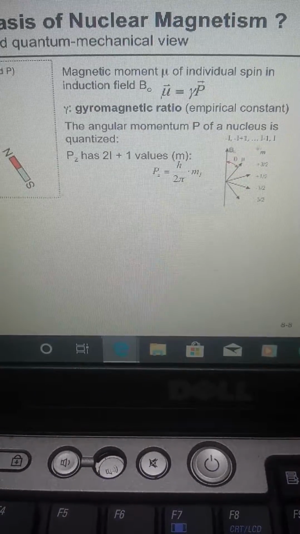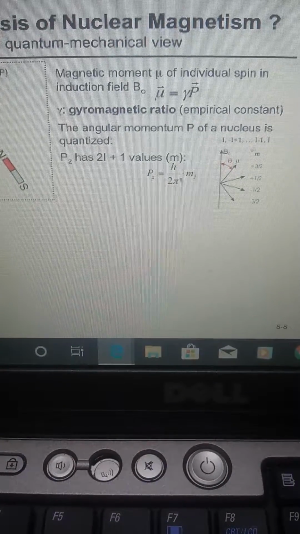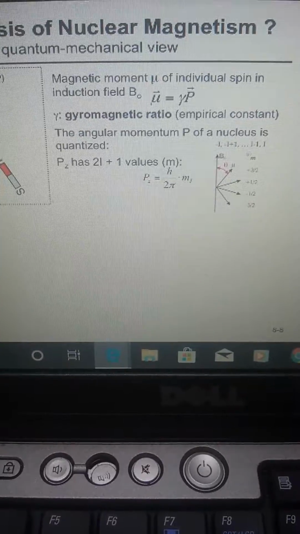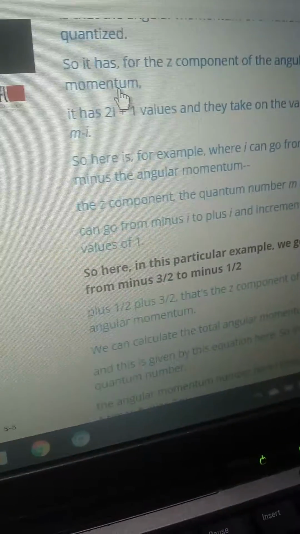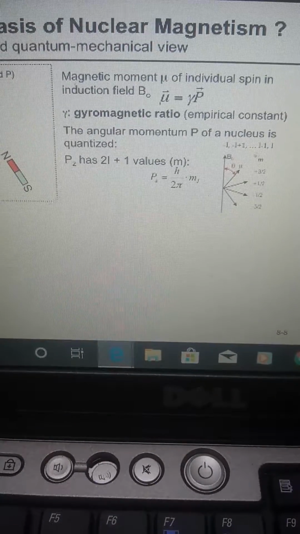The quantum number m can go from minus I to plus I in increments of 1. So in this particular example, we go from minus 3 halves to minus 1 half, plus 1 half, plus 3 halves. That's the z component of the angular momentum.